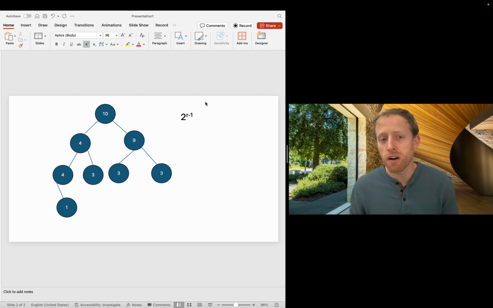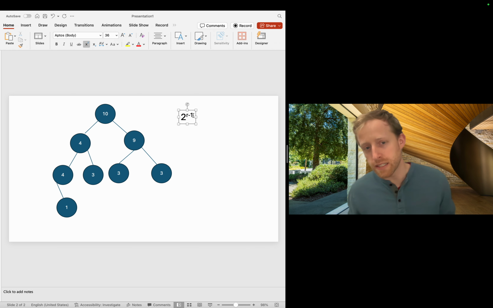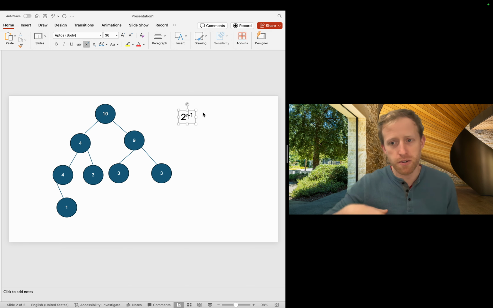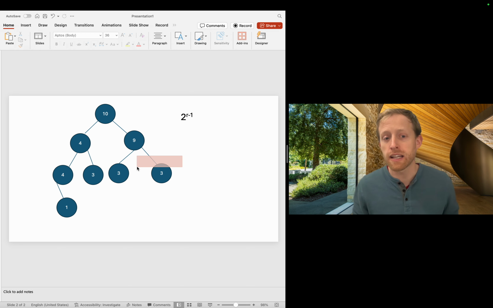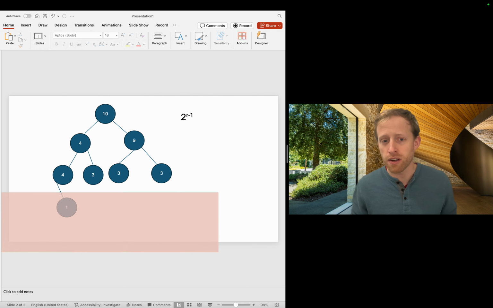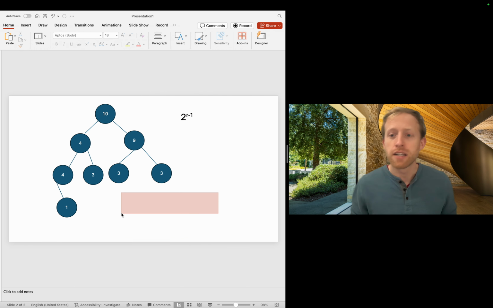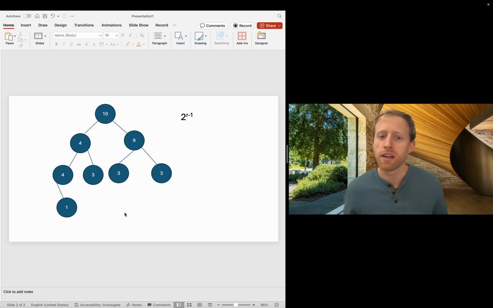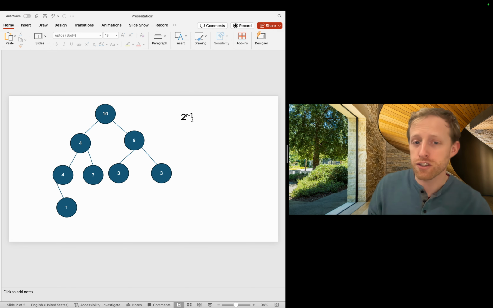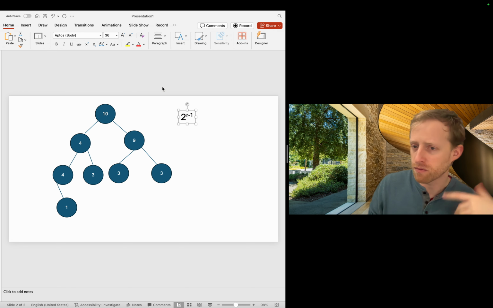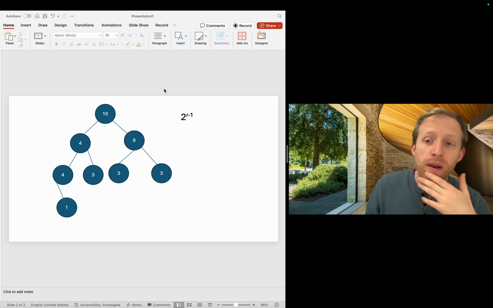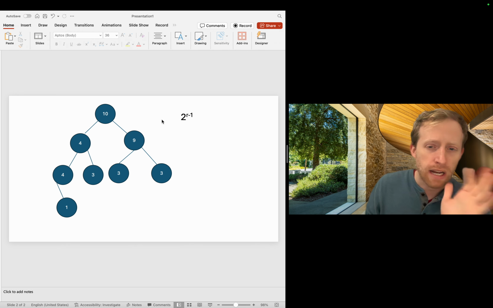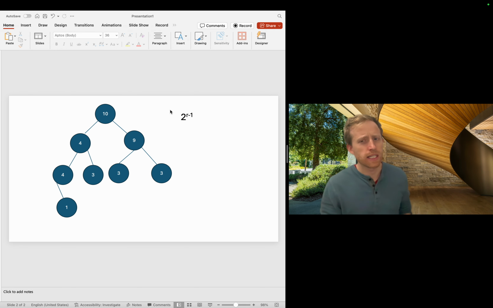So in the first row, 1 minus 1 is 0, 2 to the 0 is 1, any number to the 0 is 1. 2 to the first is 2, 2 to the second is 4, 2 to the third is 8, 2 to the fourth is 16, and so on and so forth. So that's essentially how we know how many nodes we would have in a given row. Now, I'll leave that for now.